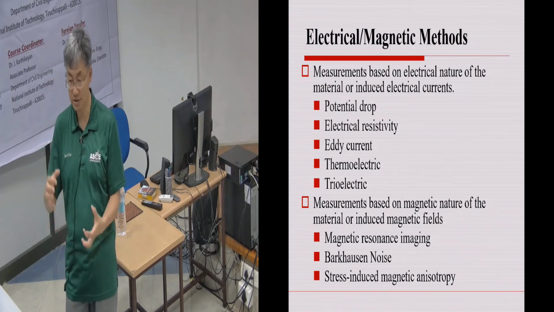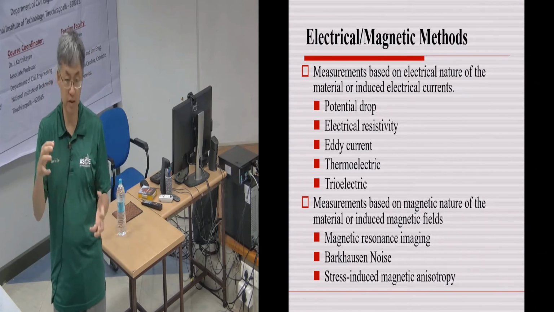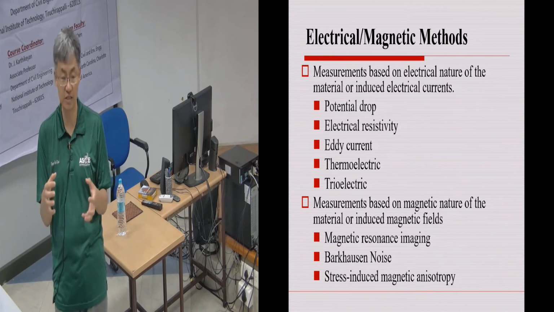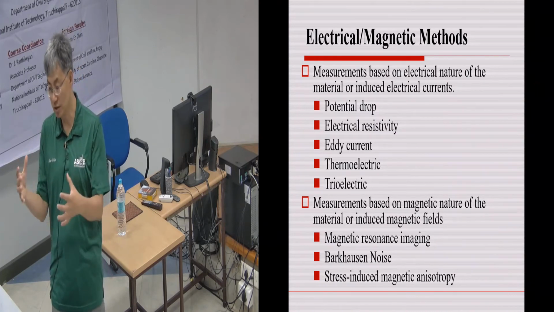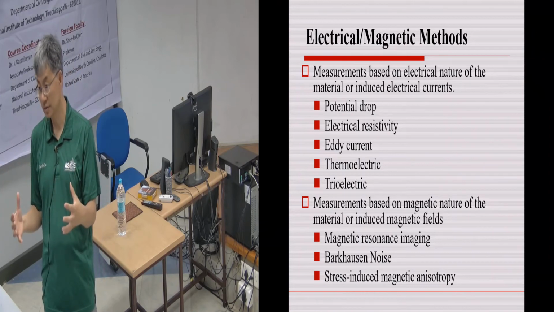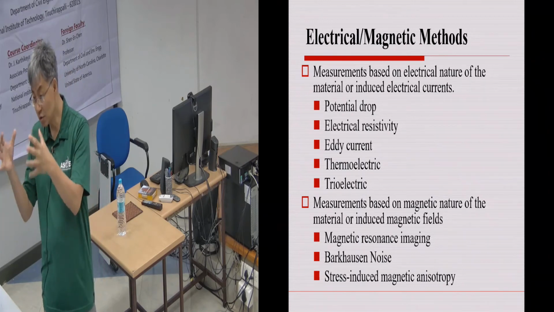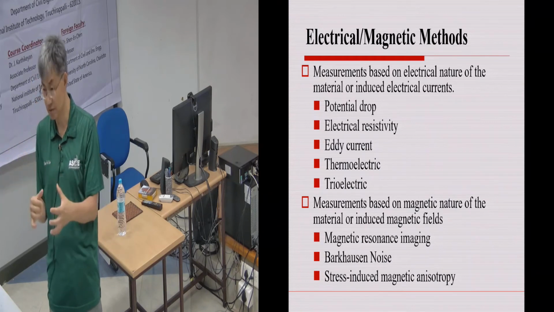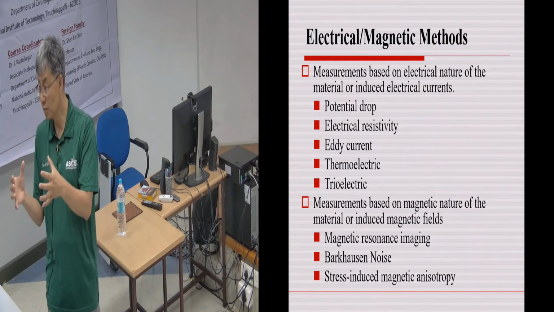But there are still many things that we have to investigate, because concrete itself also acts as a capacitor. You can actually use concrete to store electricity, because concrete is made with what? Water and cement, right?